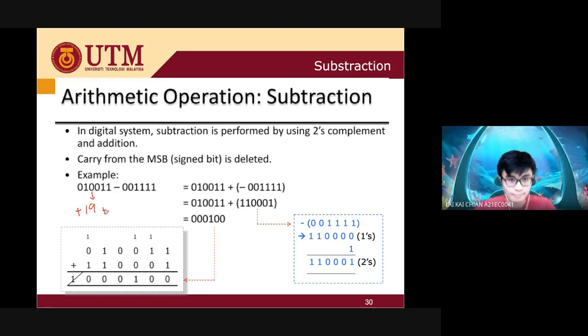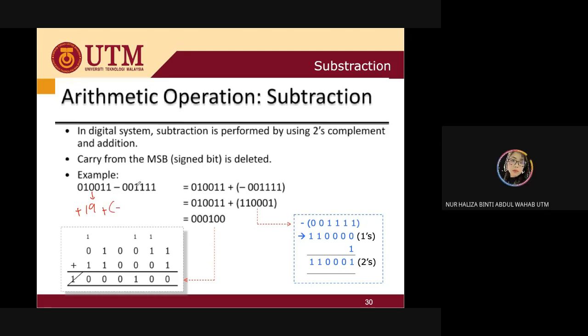Correct? Plus negative 8, 12, 15. Then you will get your answer, supposedly positive 4. It is correct. You can see over here you have positive 4 in binary. So that's why you can add and subtract using the second complement without error for negative numbers.